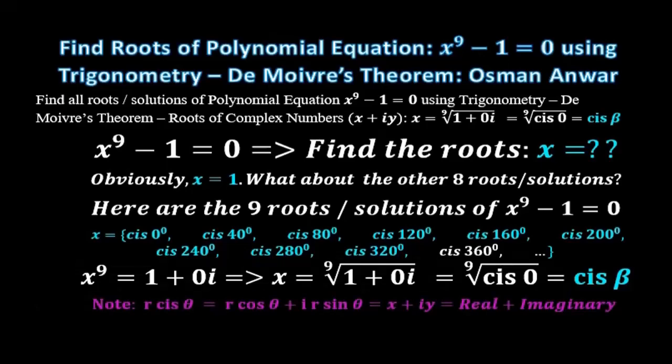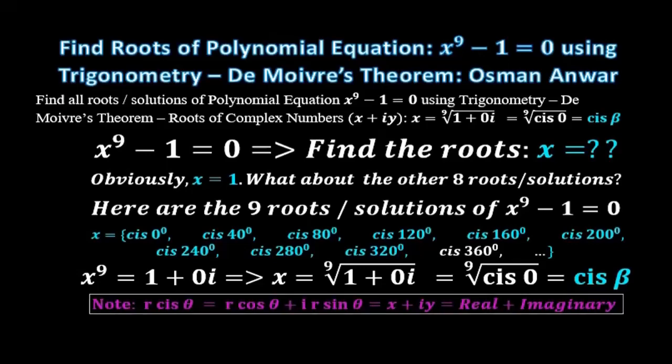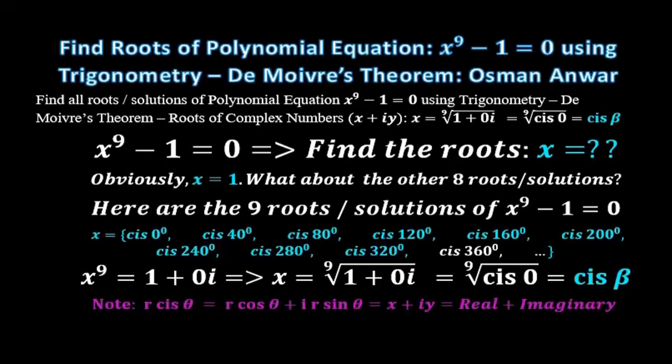Notice r cis theta equals r cosine theta plus i r sine theta. R cosine theta is x, r sine theta is y, that is x plus iy, where x is the real and iy is the imaginary, and that is a complex number.